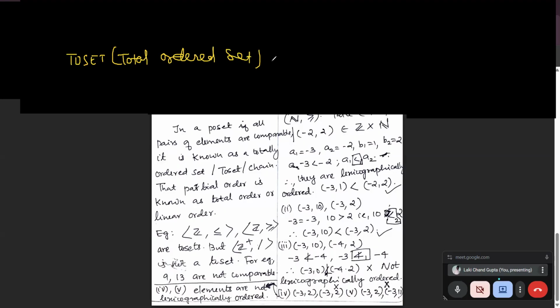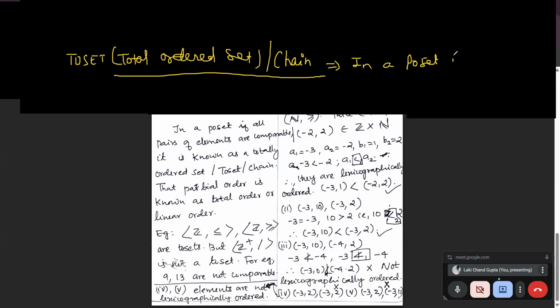This is also called a chain. So what is a chain? In a poset, you can say when all pairs of elements are comparable.